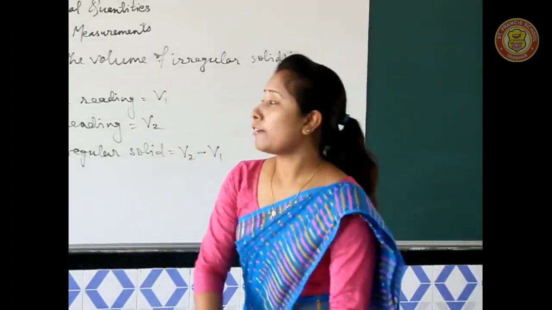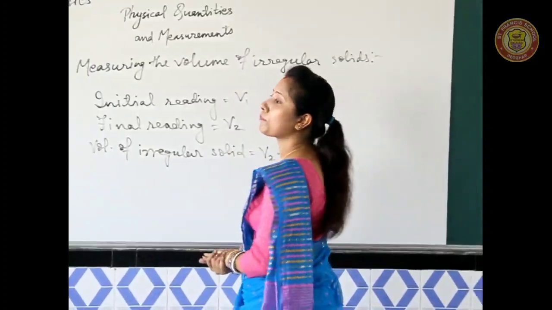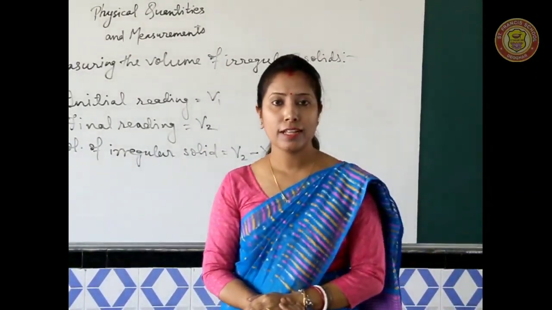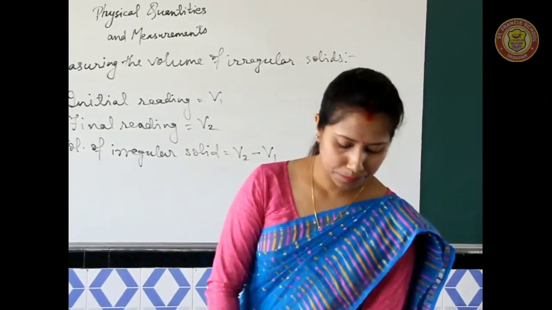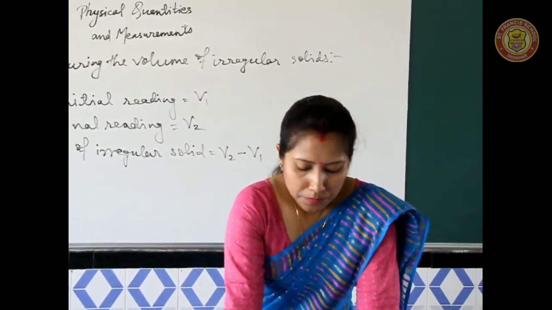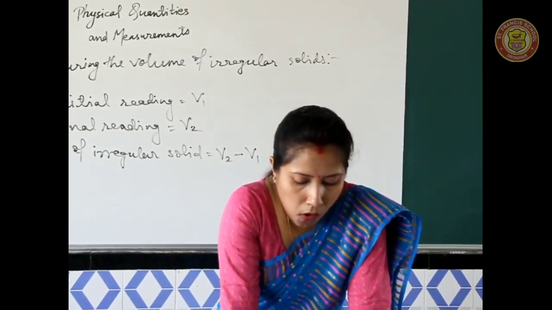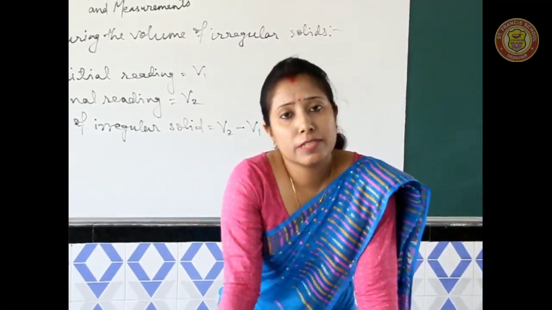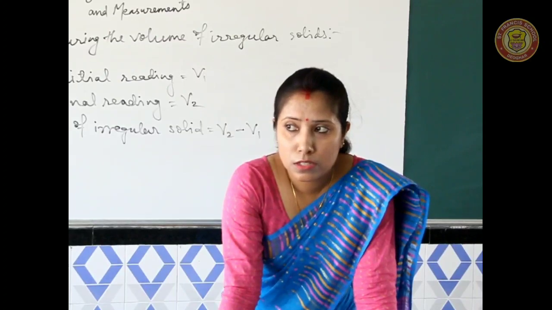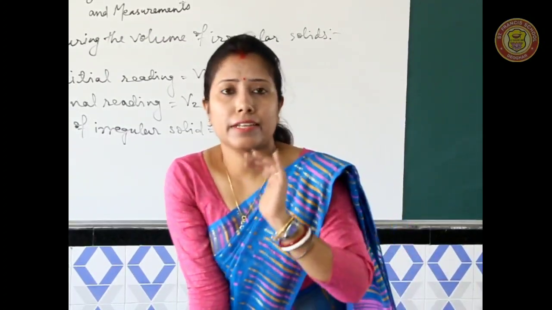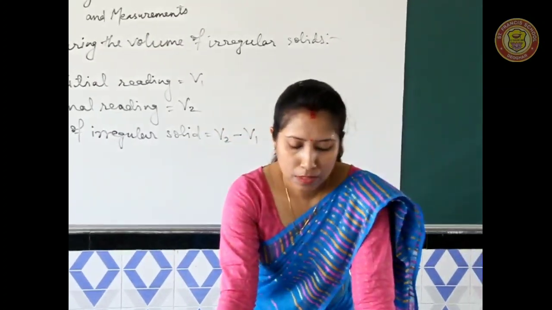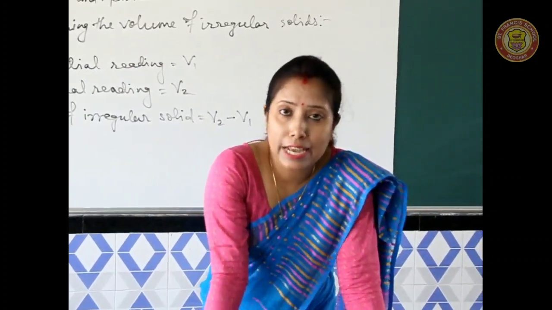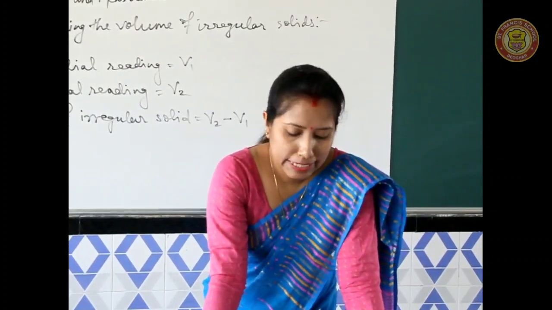So, after measuring the area and volume, we move on to the third physical quantity, that is density. Some objects are heavy and some objects are light. So, how can we relate it to density? The lightness or the heaviness of an object is directly related to density.